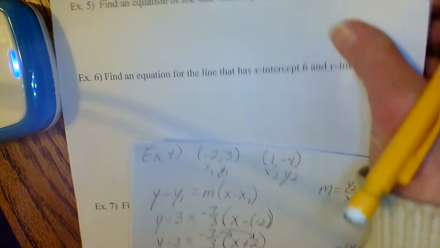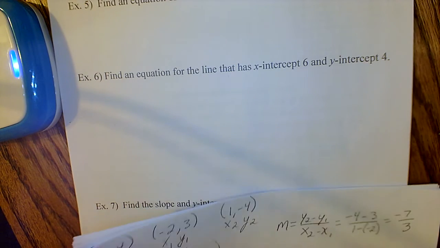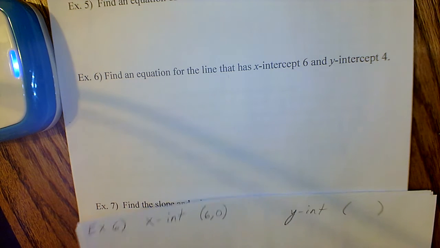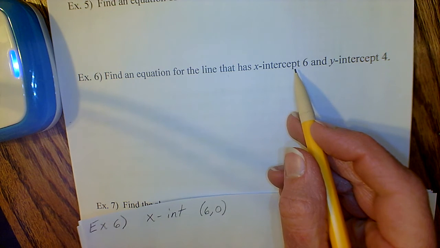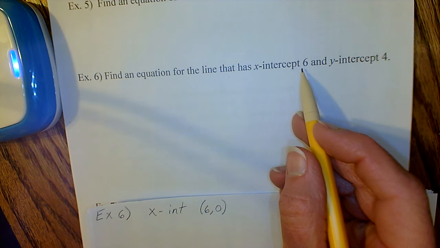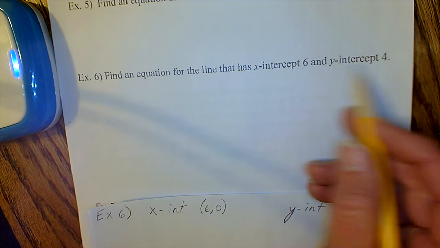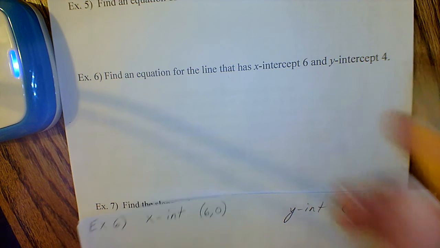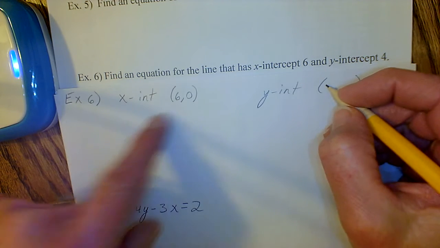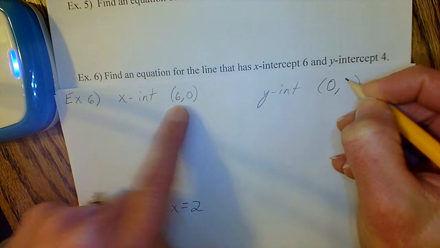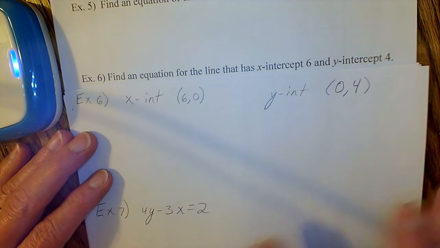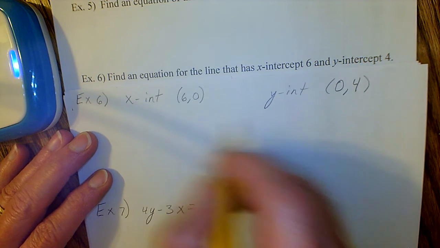Example 5, we're to find an equation for the line that has x-intercept 6 and y-intercept 4. An x-intercept has a y value of 0, so this will be the point (6, 0). A y-intercept is when x is equal to 0, so this will be the point (0, 4). So we want to find the equation of the line that has those 2 points.